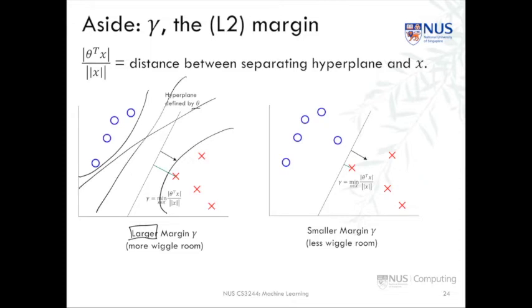So there are a lot of different planes to pick here. When we have a fairly small margin, as you can see here, there's not as much separation. There's not going to be as much wiggle room to define where the perceptron can put its hyperplane, as defined by theta. So you can see we would think of this one as an easier case and this one as a harder case.